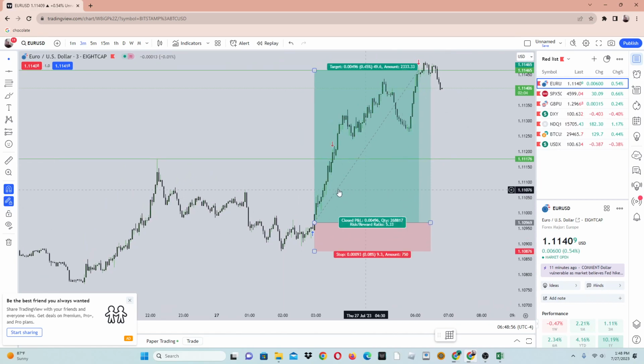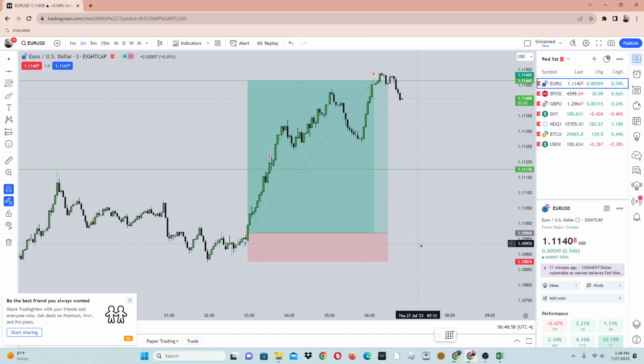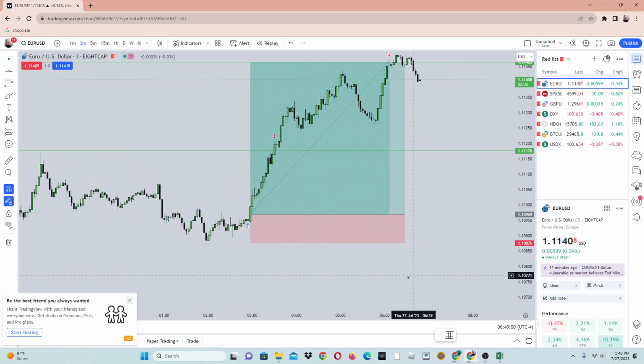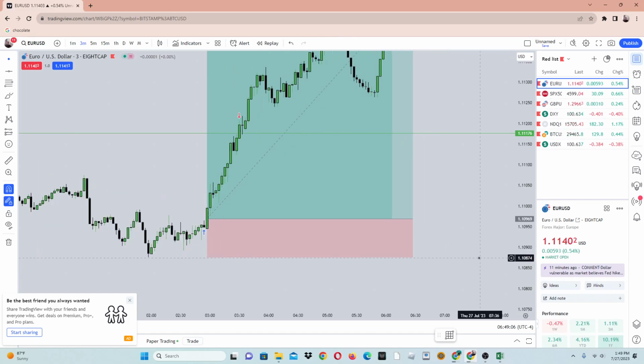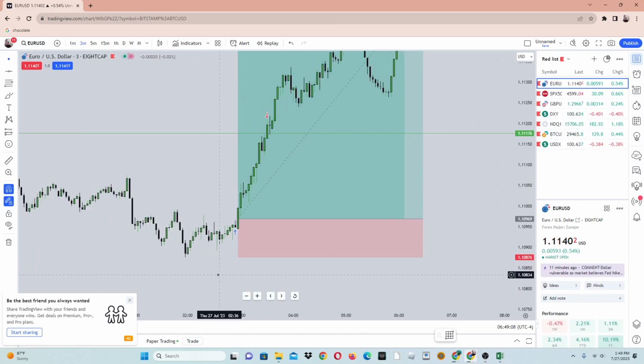take a trade. This, in my opinion, was a good trade, but not a perfect trade, because I did not follow a specific model entry. For example, we have here a fair value gap.